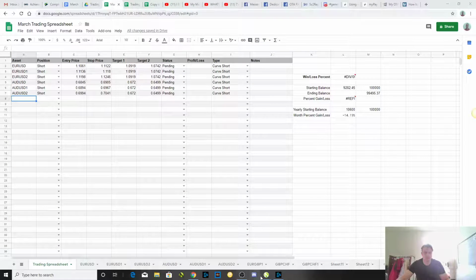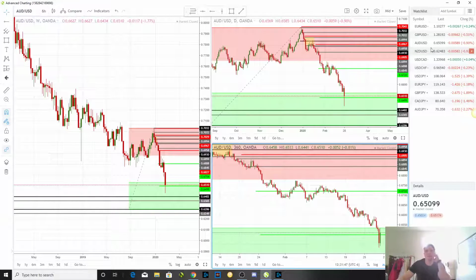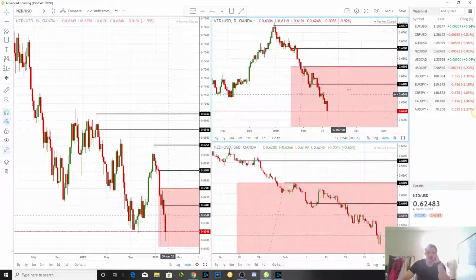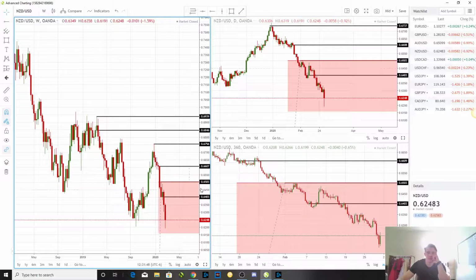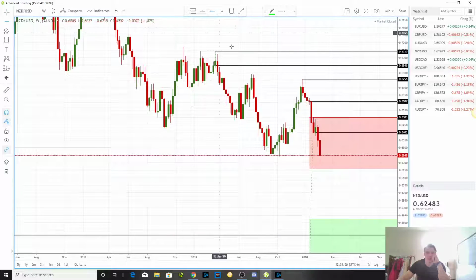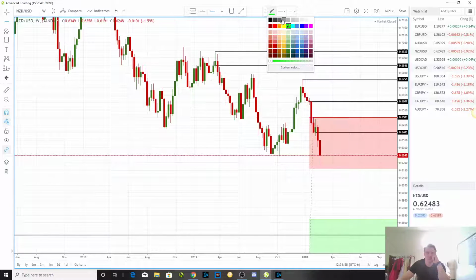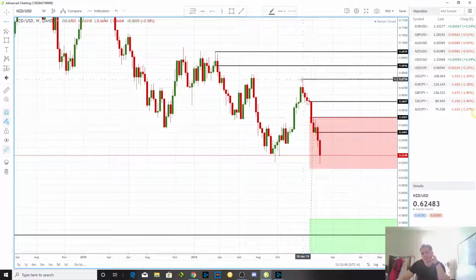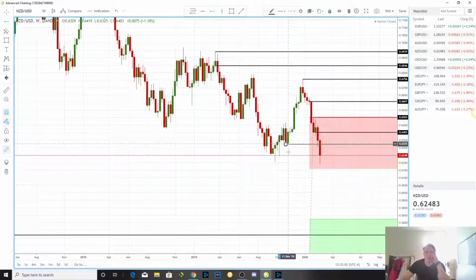Let's go back down to the New Zealand. See what's all popping on here, huh? Okay, so we'll pop up this. Find the weekly breakout that was caused by this move, and we've got it right there.